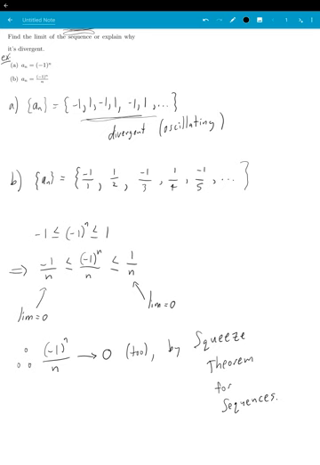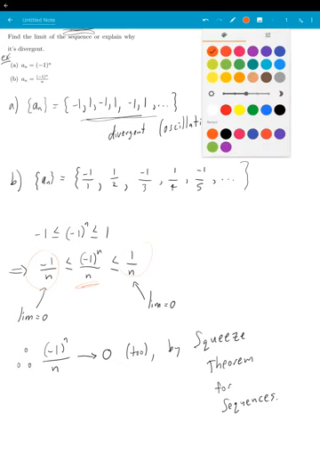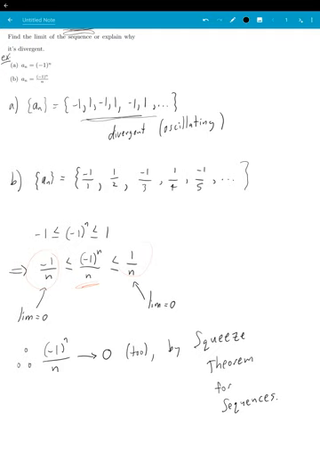I imagine this is in your textbook, 11.1. So what is it saying to us? It's saying that the limit here is 0, and the limit here is also 0. So this one in the middle is being squeezed between those two, and must therefore approach 0 as well. So we call this the squeeze theorem.